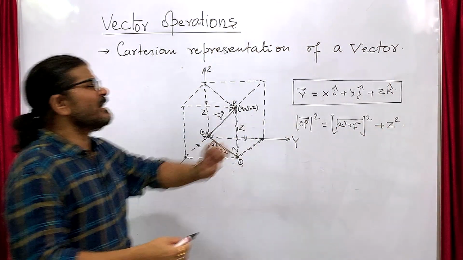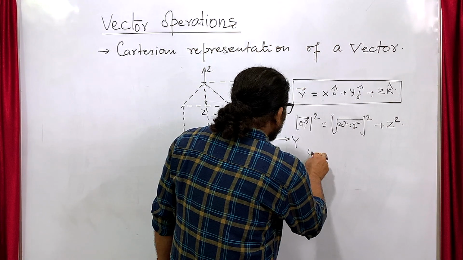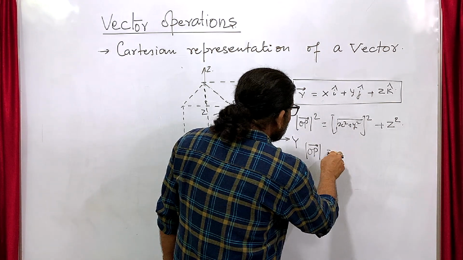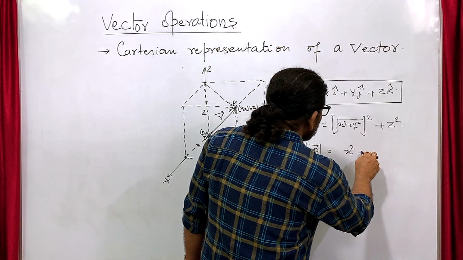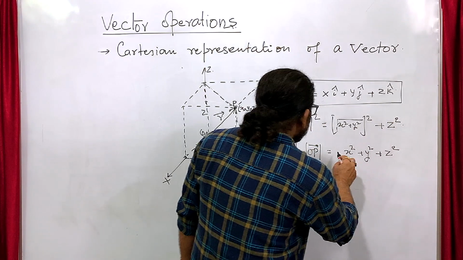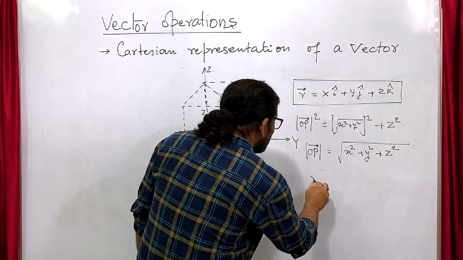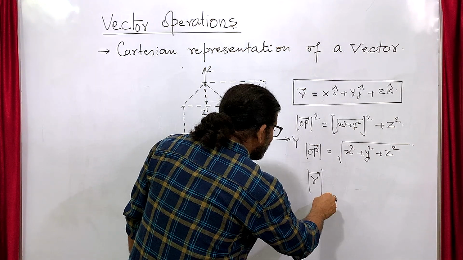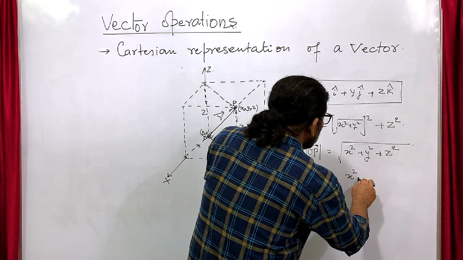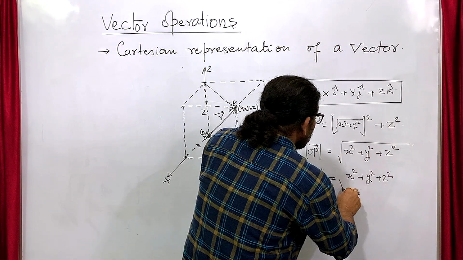Everywhere we are applying Pythagoras. So the OP vector, which we have represented as r vector, has magnitude equal to the square root of x square plus y square plus z square.